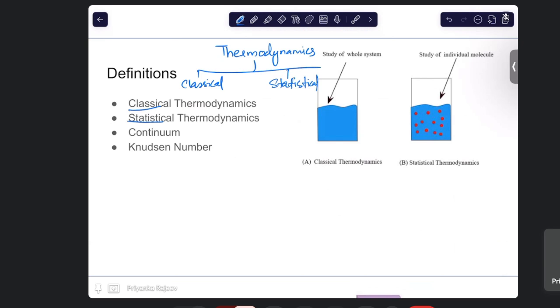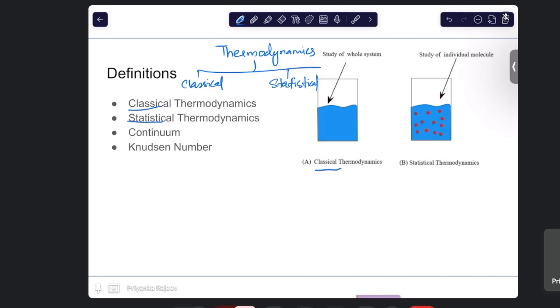In classical thermodynamics, we are observing a volume which is large enough that we can average out the molecular behavior inside the system. We are observing the matter as a whole. You are not bothered about individual molecules, like where each is moving or what it is colliding with.